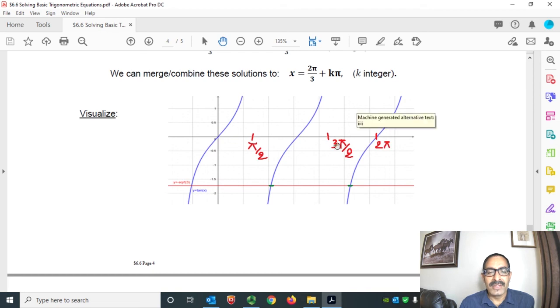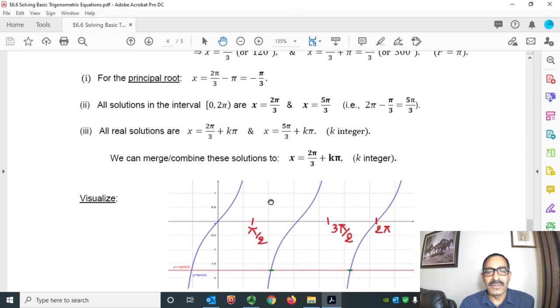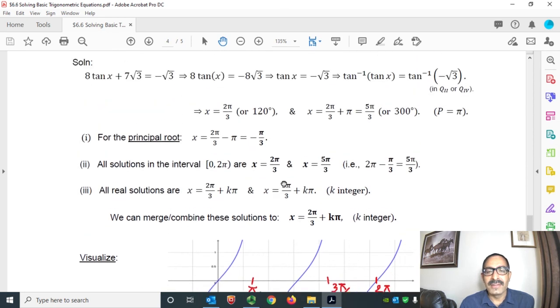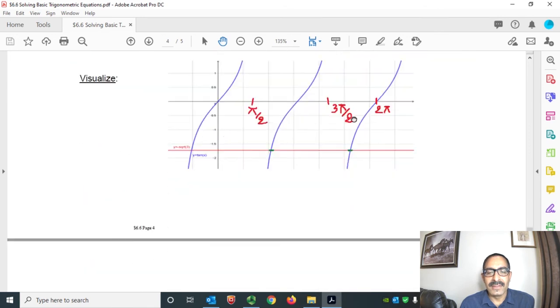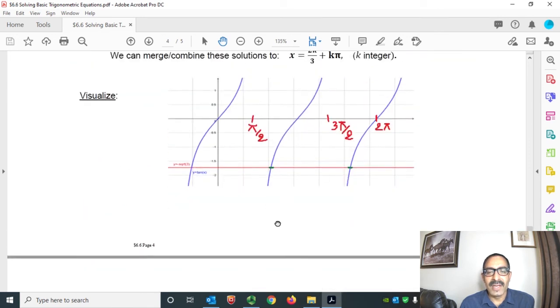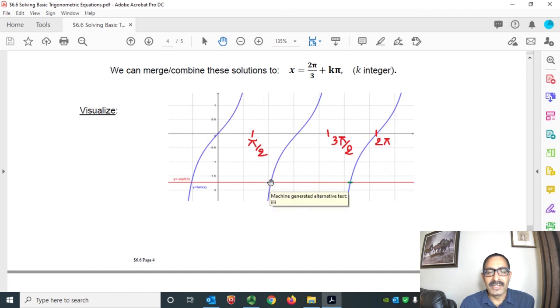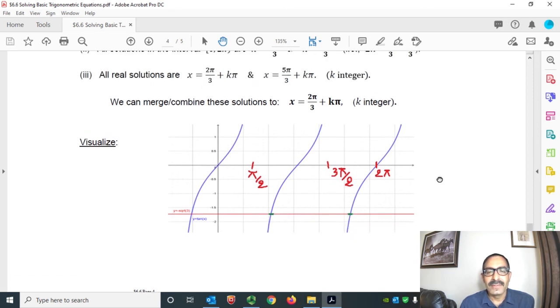And the other one is y equals minus radical 3. We are talking about these intersections here, this one and this one. This one is 2 pi over 3 and this one is 5 pi over 3. I hope it makes sense to you all.